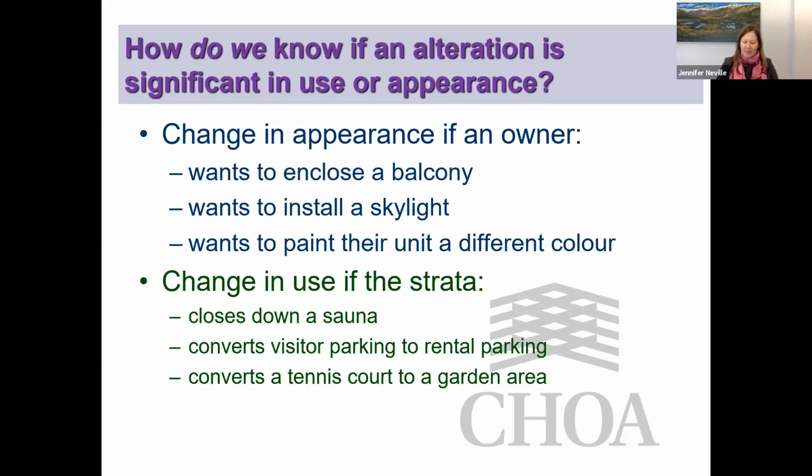So first question, is it visible to residents or members of the public? In the case of closing a balcony, it may be visible to residents or members of the public. Installing a skylight, maybe not. It may be just the roof. Painting the unit a different color, not at all. So that's the first question.